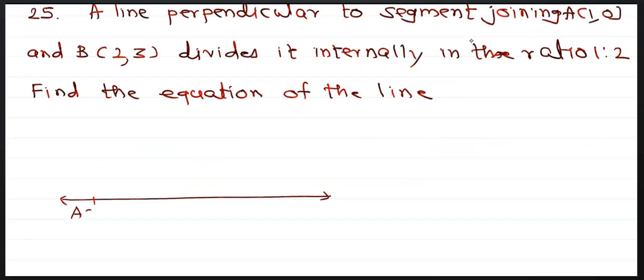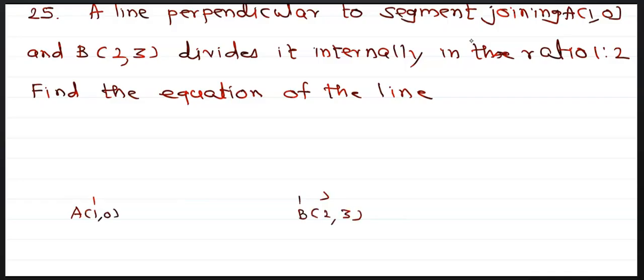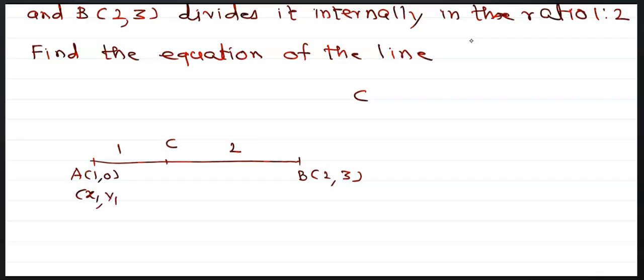AB is a segment. The required line passes through the point C, which divides AB in the ratio 1:2.